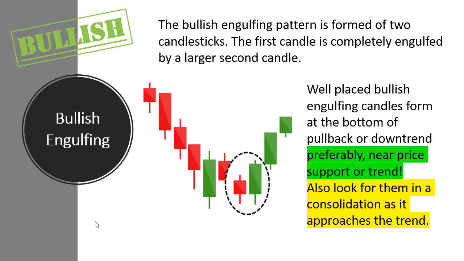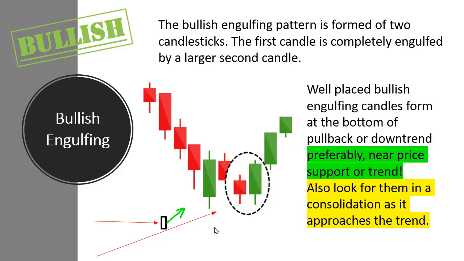If we get a longer consolidation, several days of consolidation, you'll often find it will be that bullish engulfing candle that breaks that consolidation to the upside and starts moving us out. So they can be placed even within a consolidation, but we want to be looking for those somewhere near that price support or trend in the chart. That gives us a higher quality pattern.